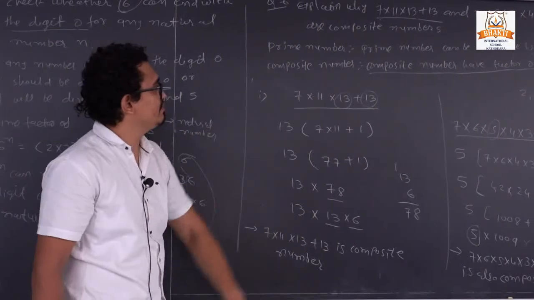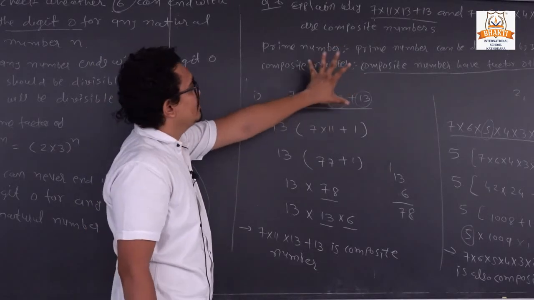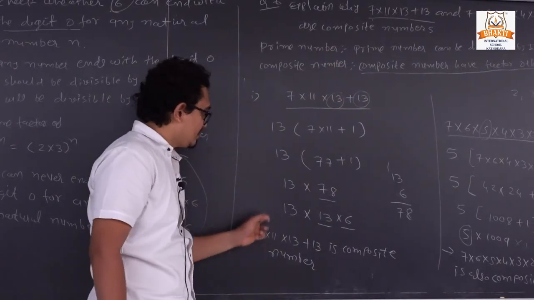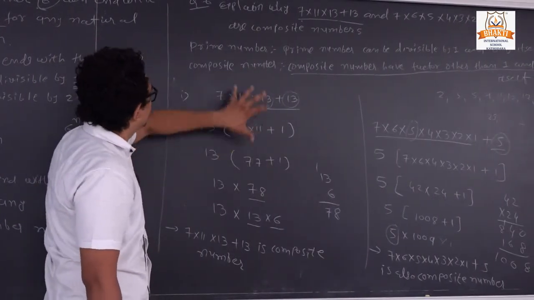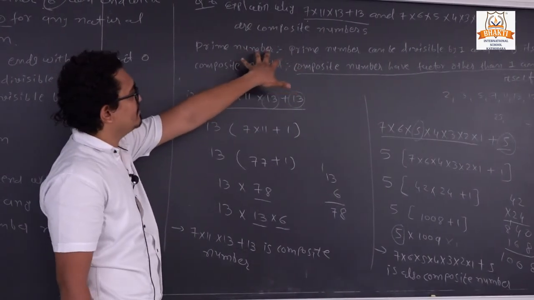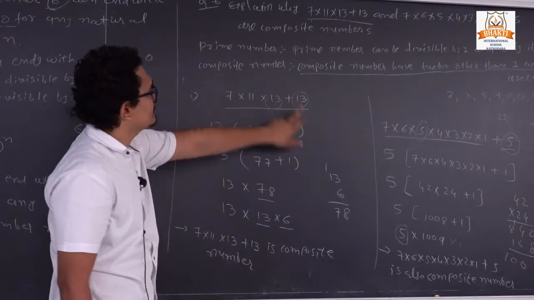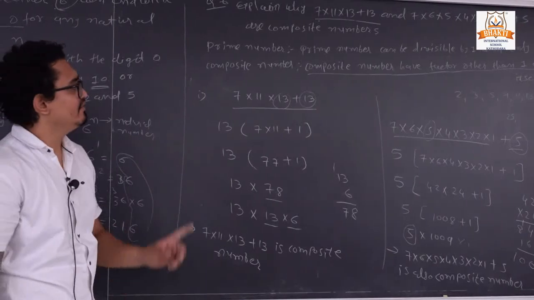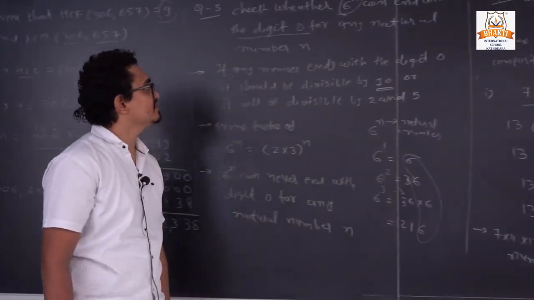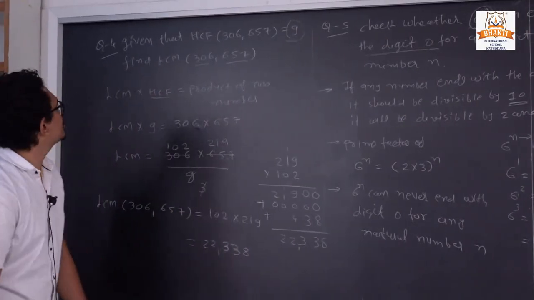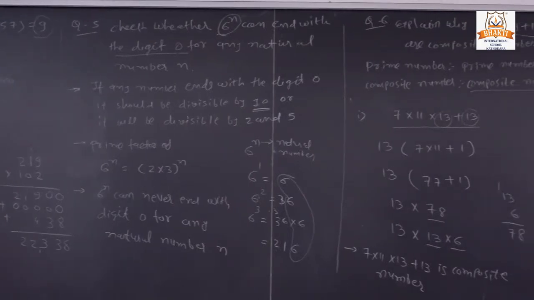So from these two examples you can get a clear idea about what a composite number is. Prime numbers are those numbers which are divisible only by 1 and the number itself, while composite numbers are those numbers which have a factor other than 1 and the number itself. So you can see that we have now performed the three questions, number 4, 5 and 6, from exercise number 1.2.